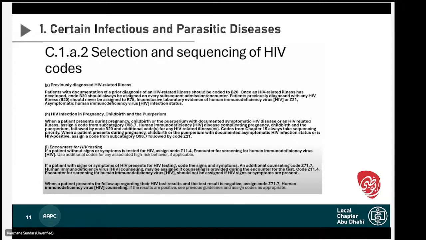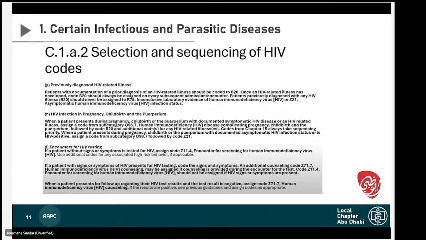And when a patient presents for follow-up regarding an HIV test, but the test outcome is negative, we assign Z71.7, and that is the counseling code.